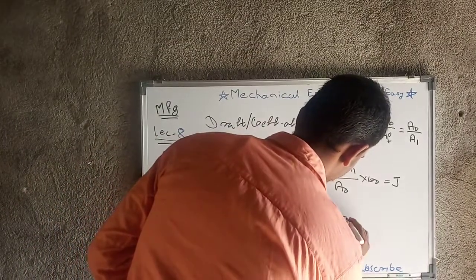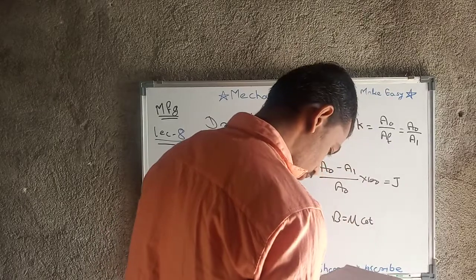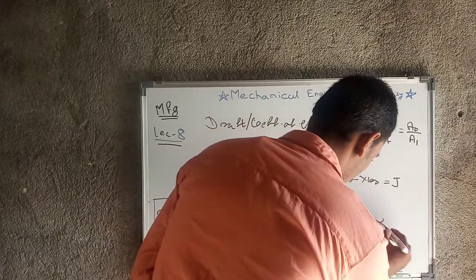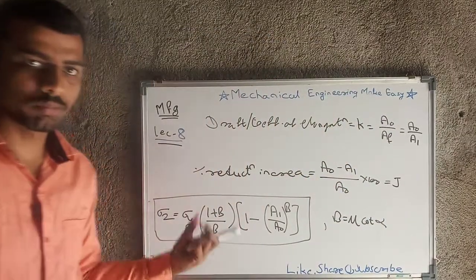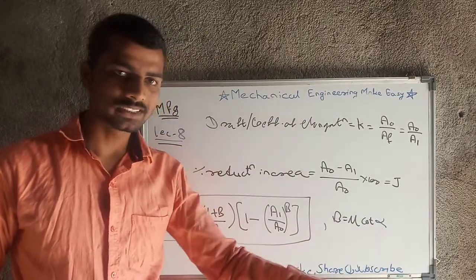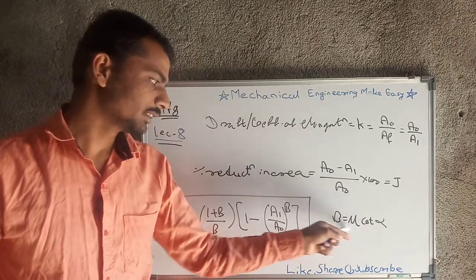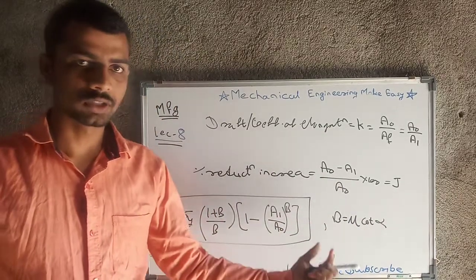What is B? B is nothing but mu cot alpha. 2 alpha is the die angle, so alpha will be the die angle by 2, and mu is the coefficient of friction.